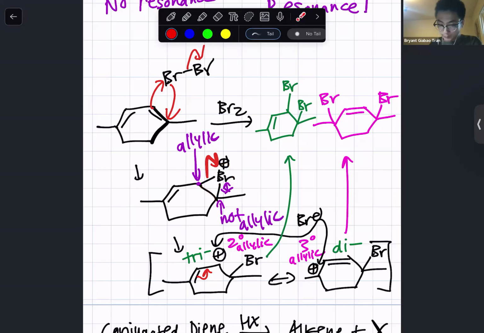Once we have this bromonium ion, this is where the step is different. We are used to seeing the Br minus attacking the side that is the more stable carbocation and kicking it out. But since this is allylic, this is a very good leaving group. Think of it as an SN1-like mechanism. That is just going to leave by itself first and form that carbocation right there. Once we have that stable carbocation right there, that carbocation is allylic, meaning that it is one away from the double bond.